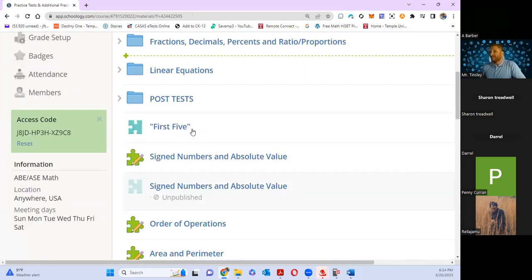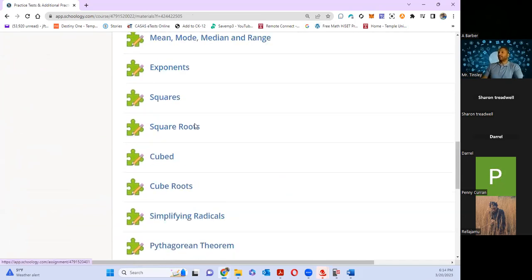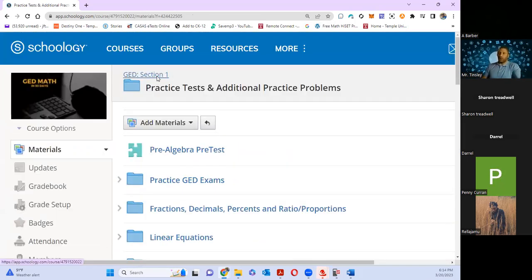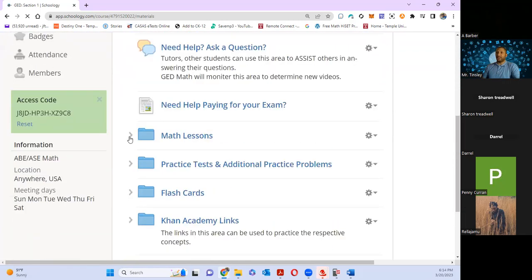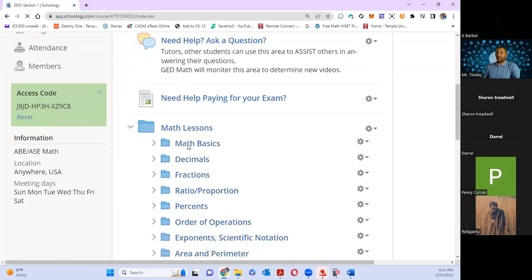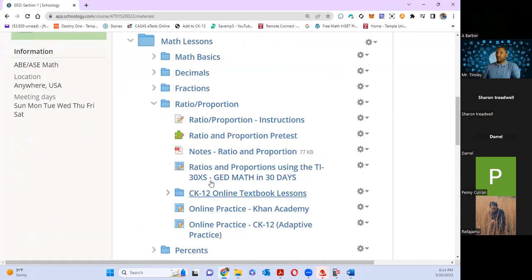As I'm looking online right now, I definitely see ratio and proportion. So I've got 2 places where you can find practice problems. I have them in the lessons, so you can go under each lesson and find practice problems. Under ratio and proportion, you have practice problems and a pretest.